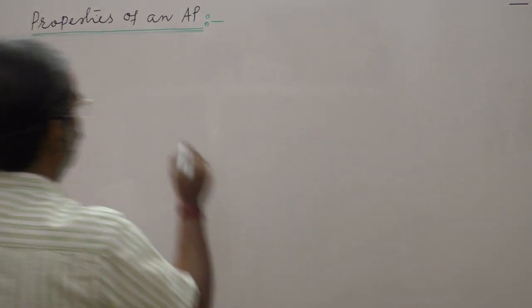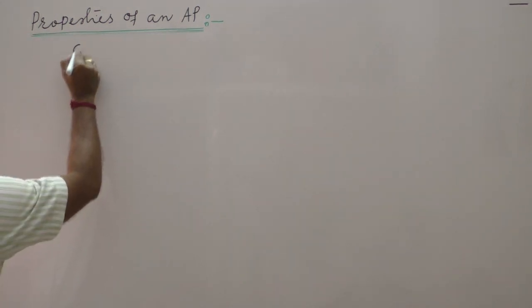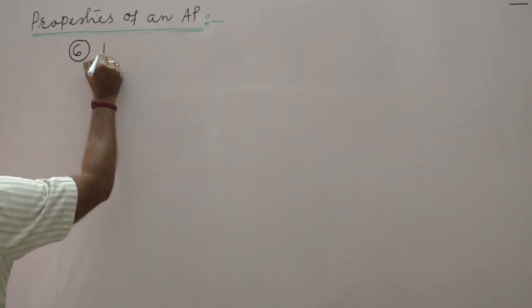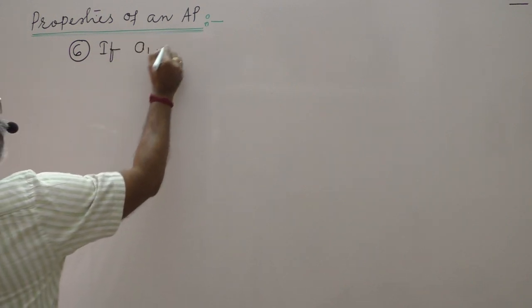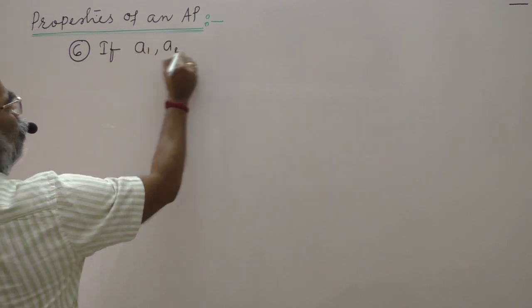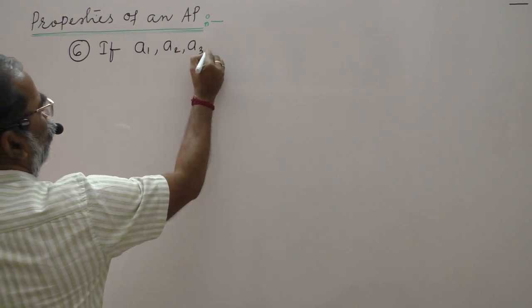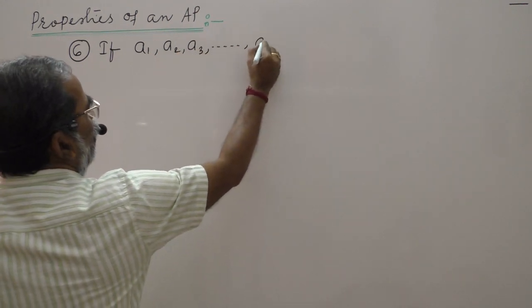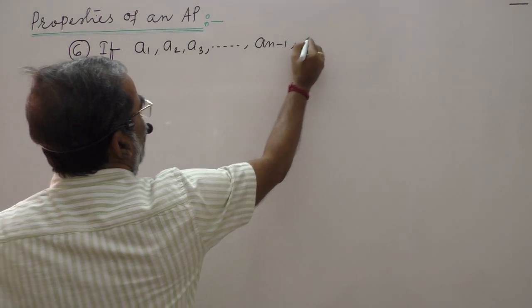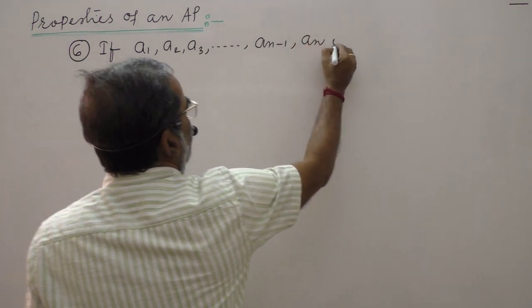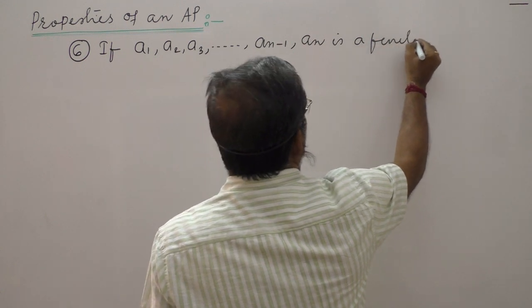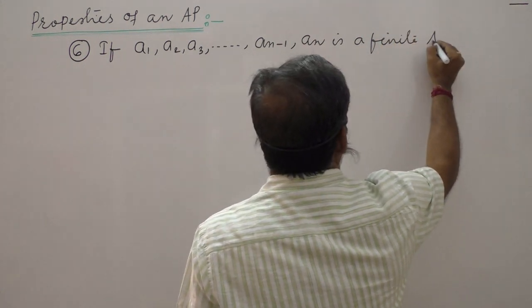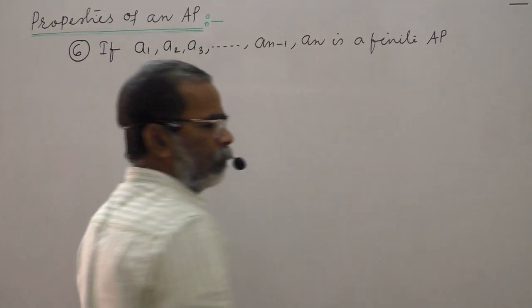Next, property number 6. If we take a finite AP, A1, A2, A3, A4, etc., A(N minus 1) and AN, this is a finite arithmetic progression.